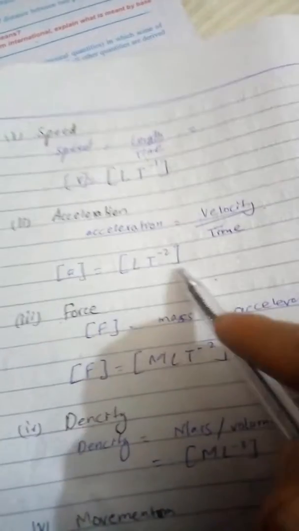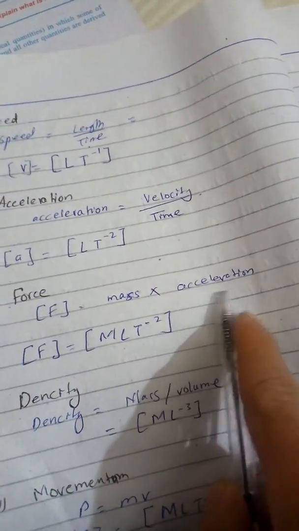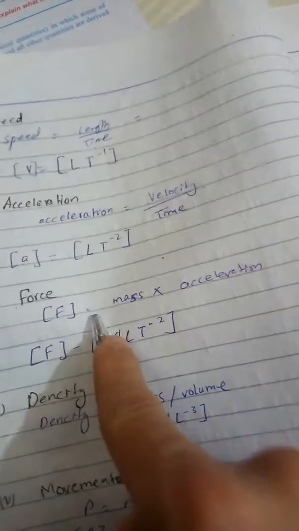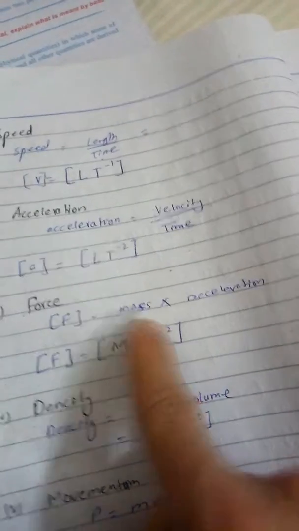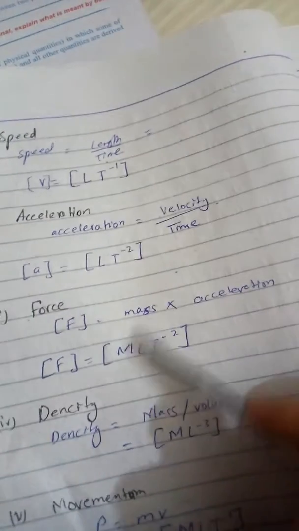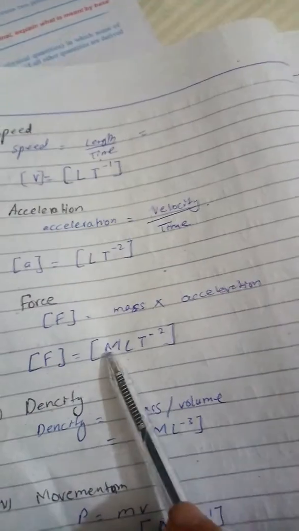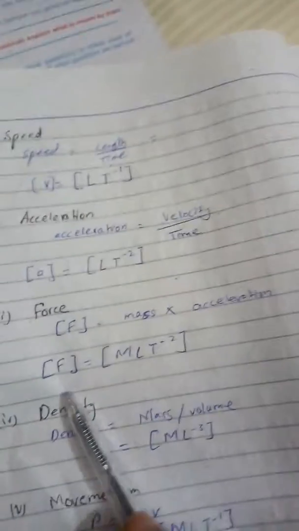Acceleration is LT^-2. And force, we know that force is mass multiplied by acceleration. The letter for mass is just M, and we know that acceleration is LT^-2. So MLT^-2 is the dimension of force.